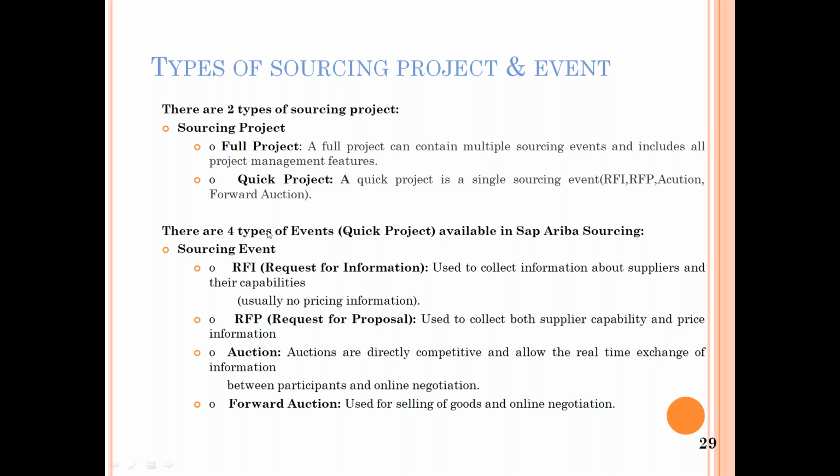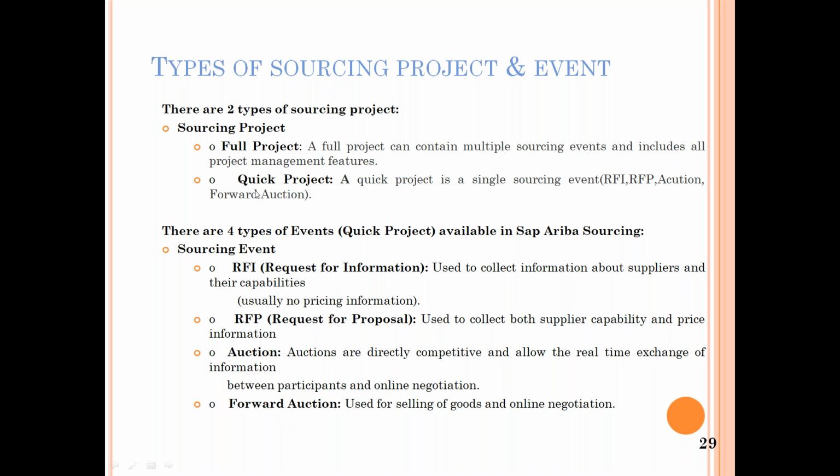Okay, any doubt here? Any questions? In full project, can we skip any one? Like if we don't want auctions, can we go with only RFI and RFP? Multiple, yes. If you are going for a full project, you can use multiple at a time: RFI, RFP, auction, and forward auction.